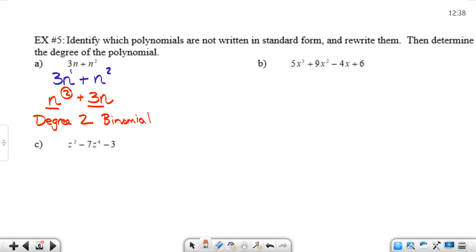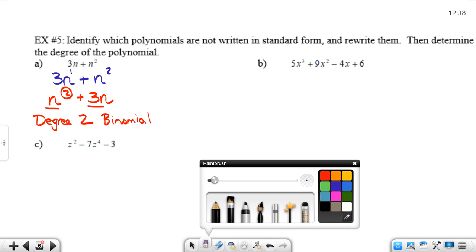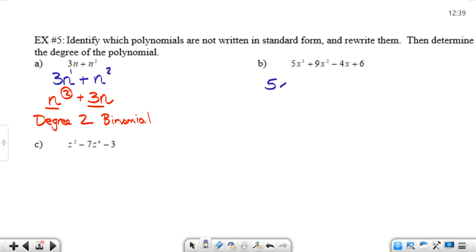So moving over to B, we have 5x cubed plus 9x squared minus 4x plus 6.